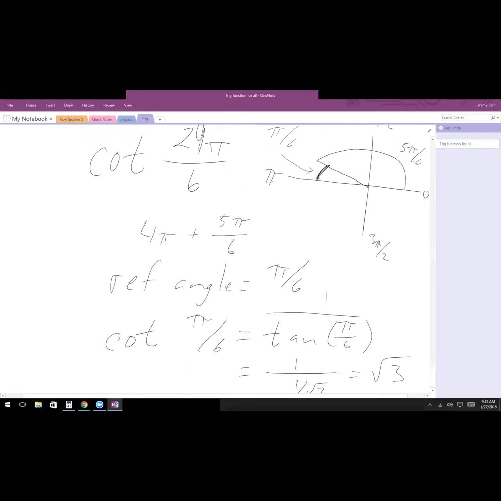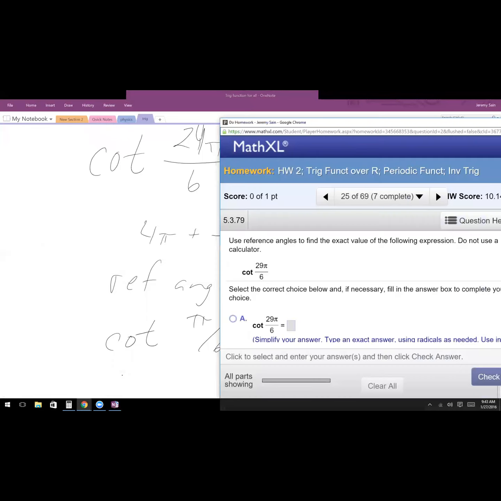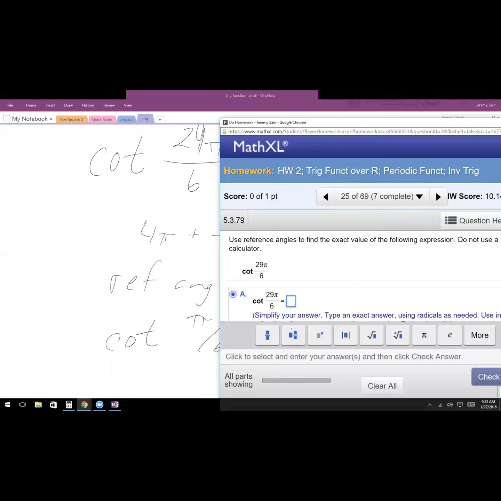So the cotangent of 29 pi over 6 is going to be root 3, but it might be positive, might be negative. And again, to figure it out, you look at the picture. Tangent is slope. That slope is positive or negative? Yeah, that's a negative slope. So it should be negative root 3. There we go.